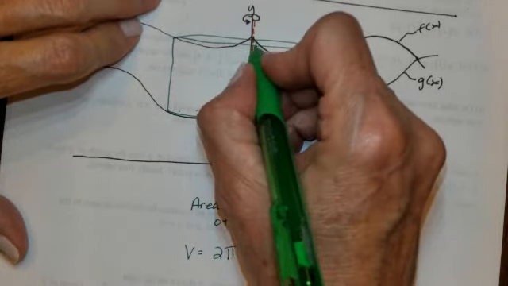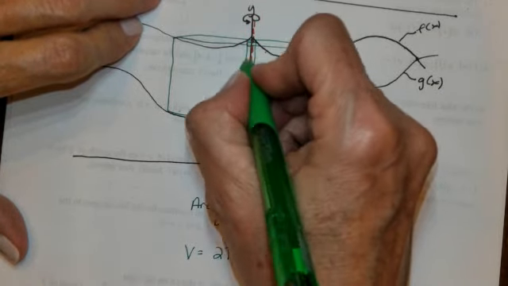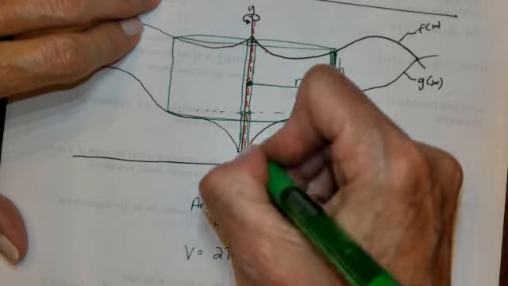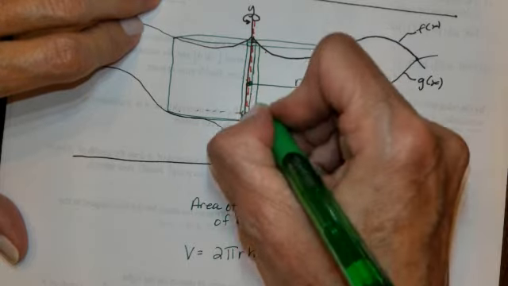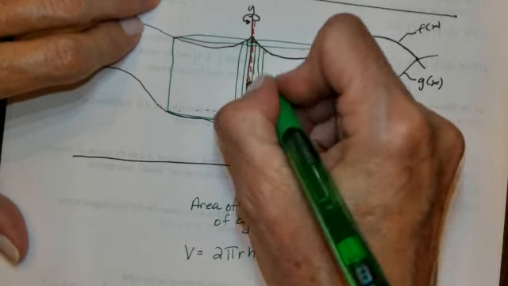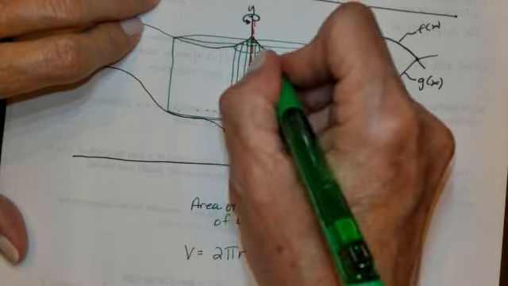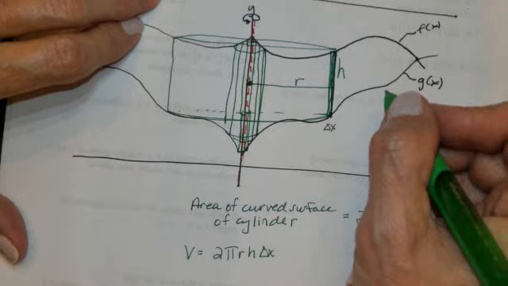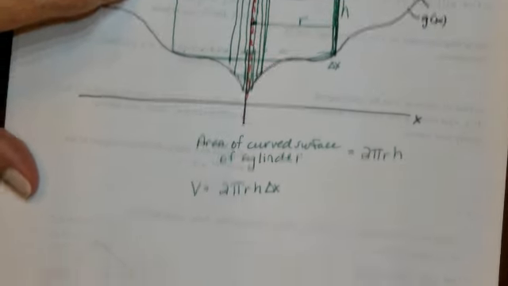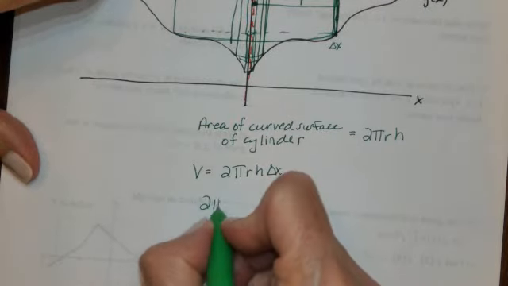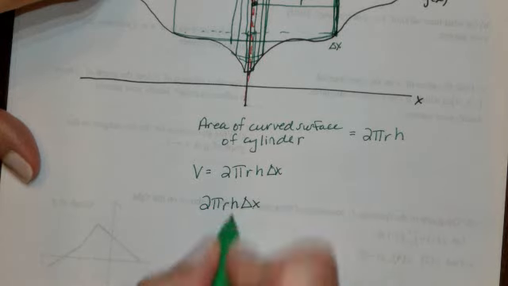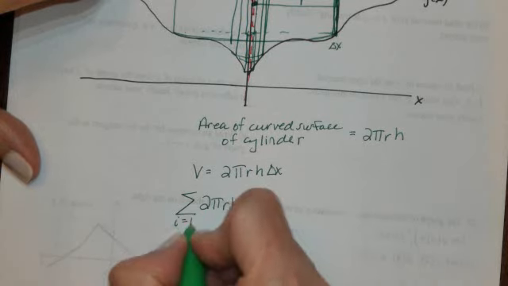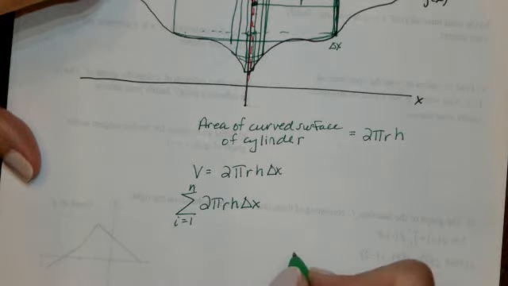And if we start with the innermost cylinder and then go out and keep going out, do you agree we would get the entire volume of the solid? So what we want to do is take this one cylinder. We want to add up all the cylinders from the first one to the nth one, right?